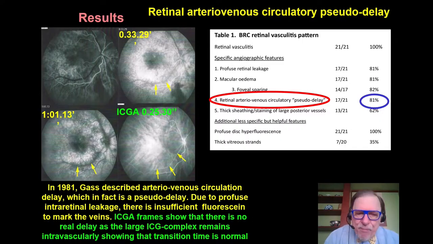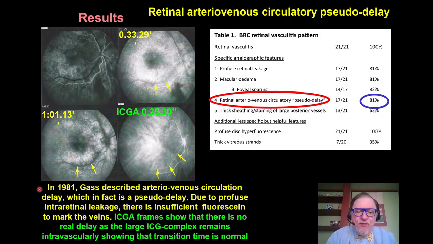Now, a very typical finding in retinal vasculitis of birdshot is what we call retinal arteriovenous circulatory pseudo-delay. In 1981, Gass described arteriovenous circulation delay, which in fact is a pseudo-delay.